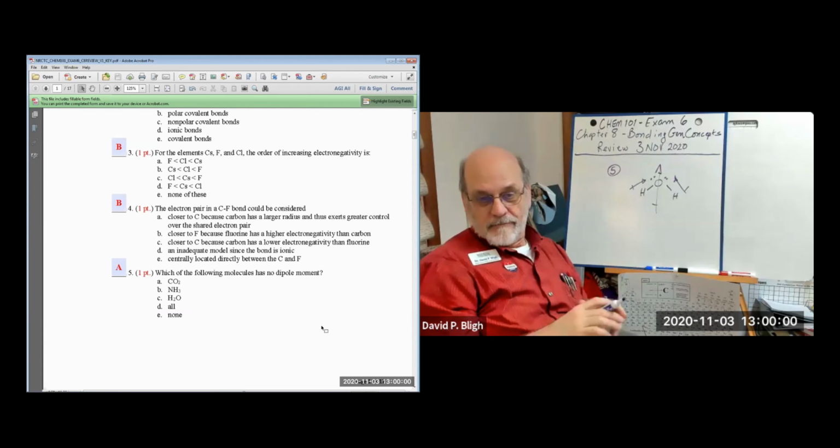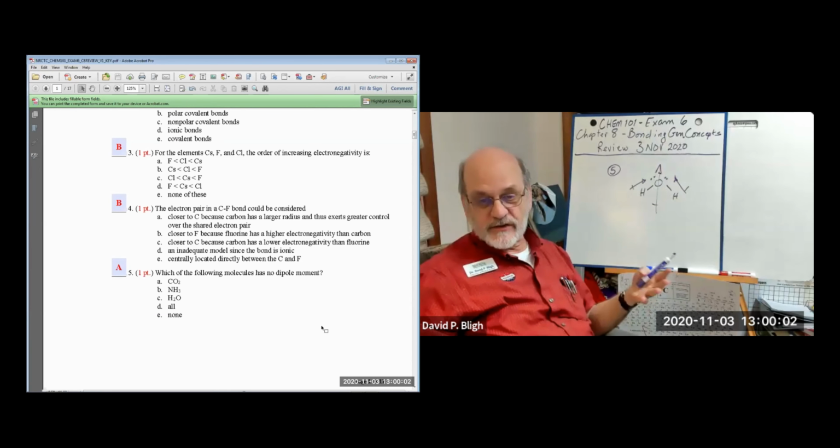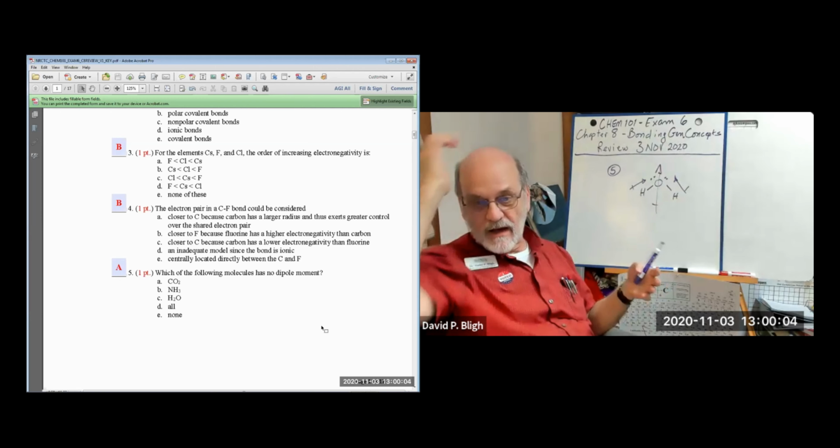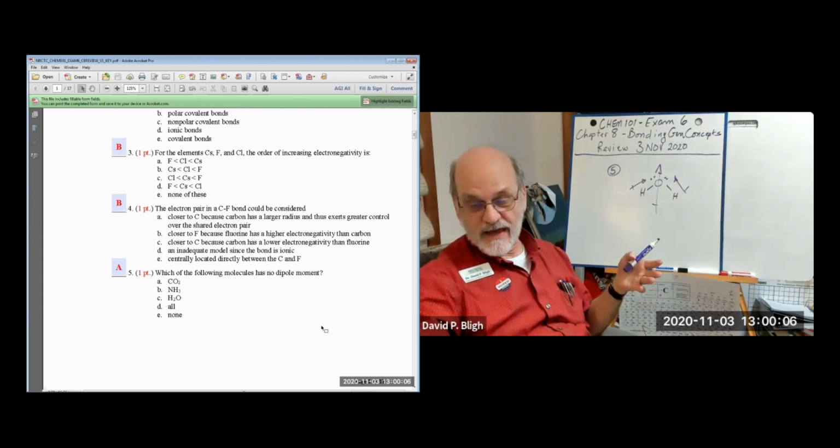Okay, so we've already said the answer to this one is A. And D says all of them have no dipole moment, which is false. None of them have no dipole moment is E, which is also false.